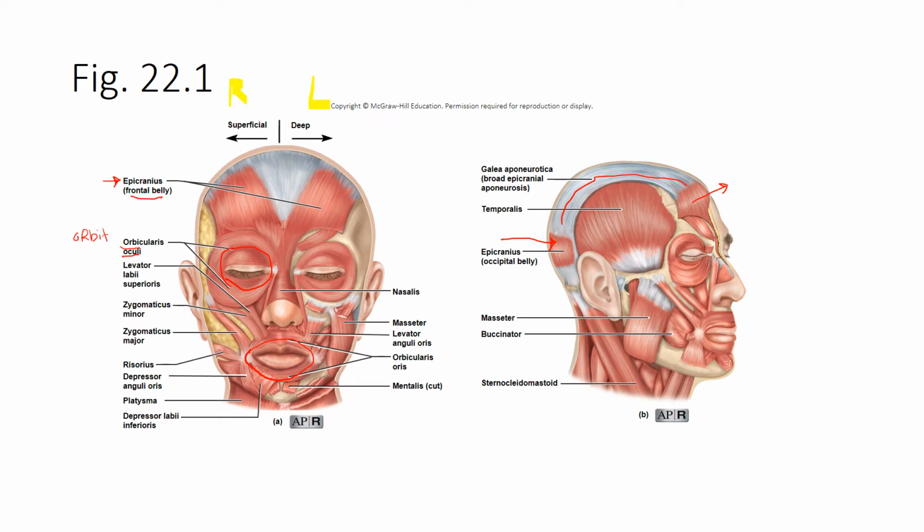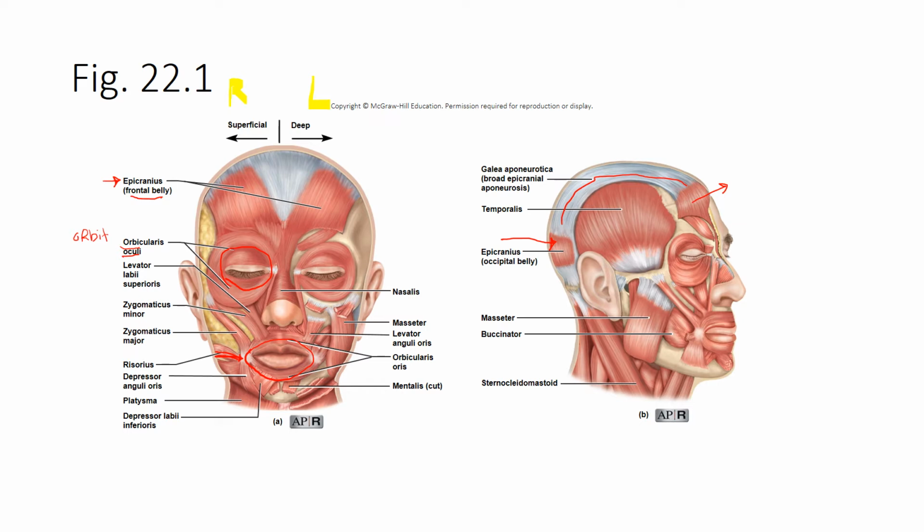We're going to find another nice muscle down here called risorius. This risorius muscle is at the angle of your mouth. It's going to pull your mouth to the side like this. Okay, another two very important muscles called zygomaticus minor.